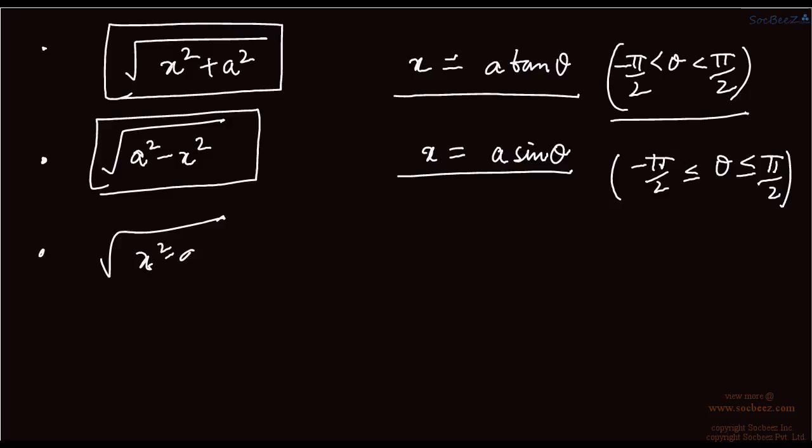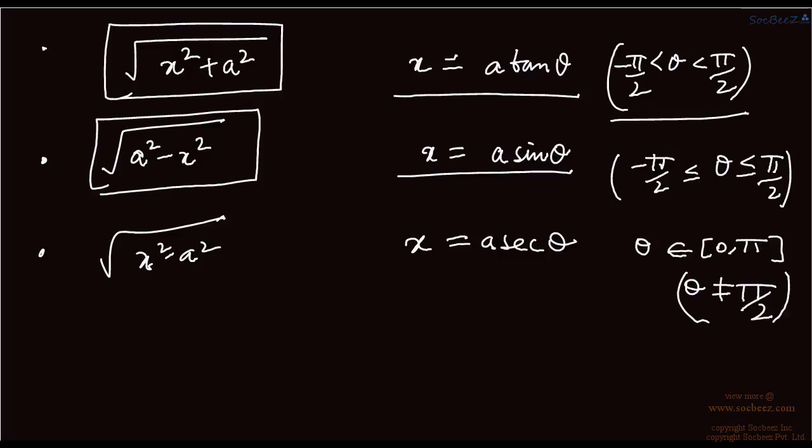Next one is, of course, root of x square minus a square. In this case, you have to put x is equal to a sec theta, and theta will be from 0 to pi, just like the cos domain. And theta, of course, is not pi by 2.